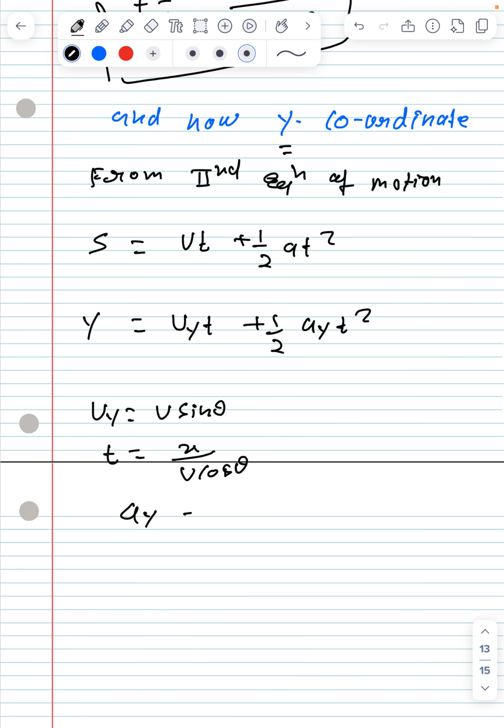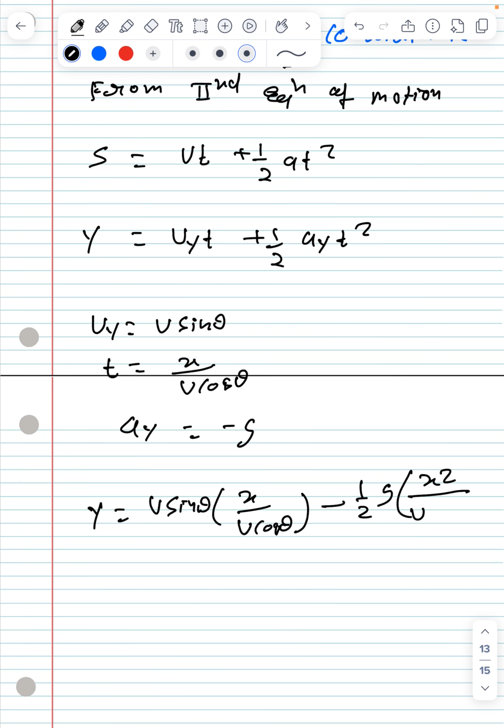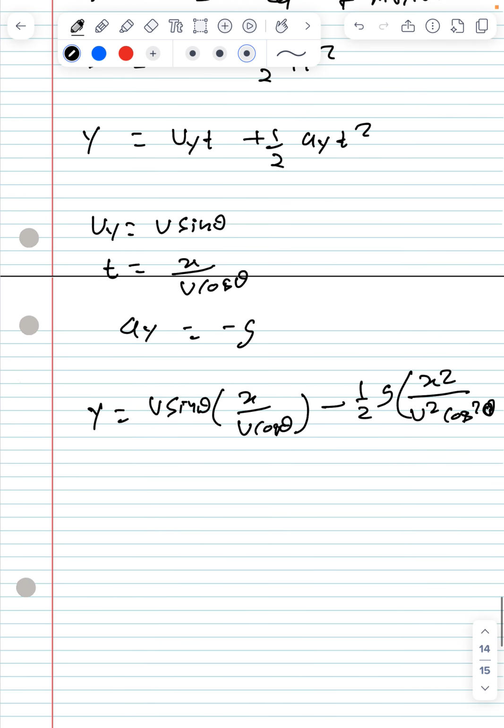Convert along the y direction because we want to calculate the y coordinate of the object: y = uᵧt + 1/2 aᵧt². Put values here: uᵧ = u sin θ, t = x divided by u cos θ, and aᵧ = −g, right?